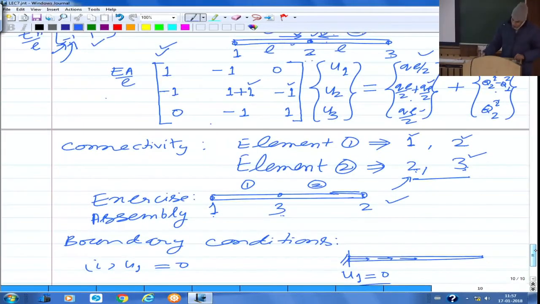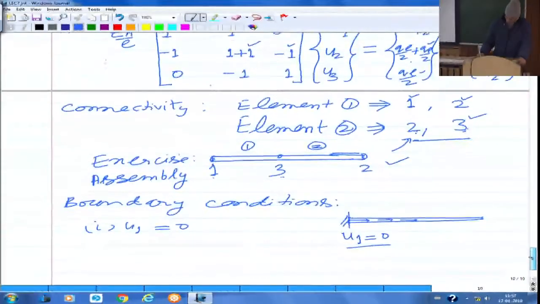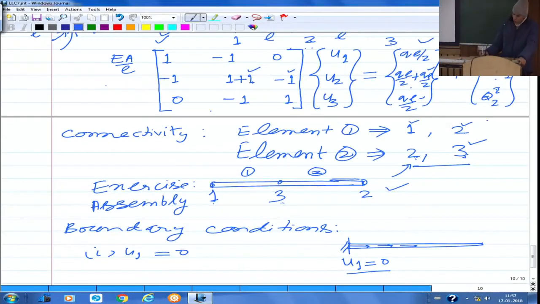Now if you look at these equations, u1 is known, which is 0, while u2 and u3 are unknowns. On this side, the way we have written it, there are 1, 2, 3, 4, so still we have 5 unknowns and only 3 equations. So we look at the value of Q22, the force at the right end.